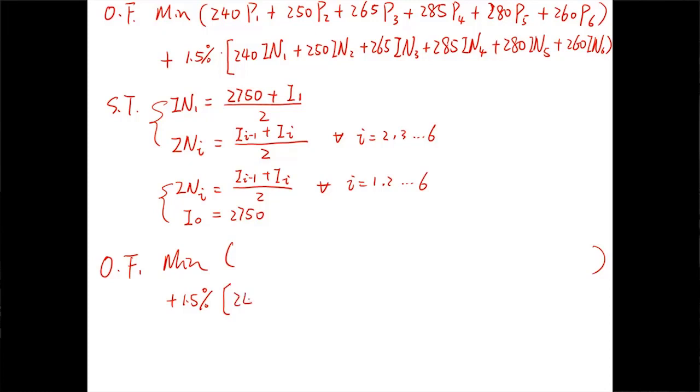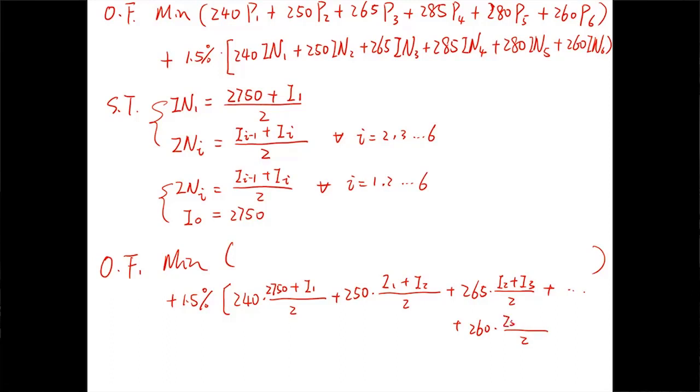Then you write 240 times 2,750 plus I1, plus 250 times I1 plus I2, plus 265 times I2 plus I3, plus all the way to 260 times I5 plus I6.